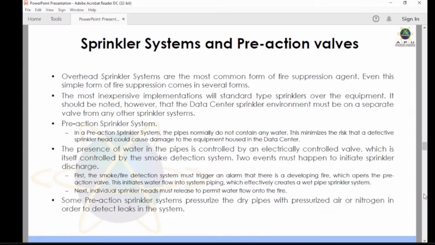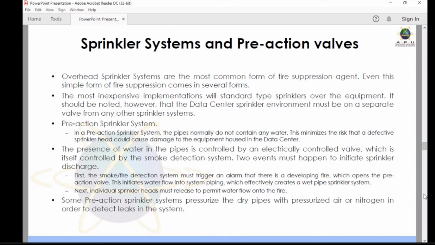In sprinkler systems, there is another type also known as pre-action valves. What happens is that in this sprinkler system, the water does not stay ready like in a shower, okay. Actually, the pipes are free of water or gas, anything, or mist. After that, a valve is holding it back.